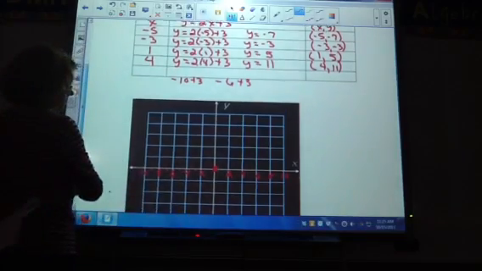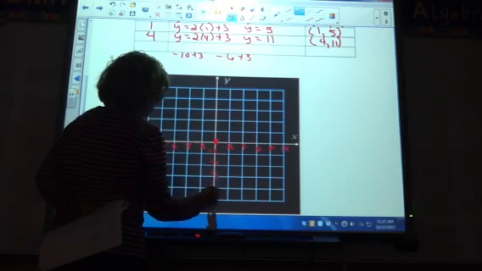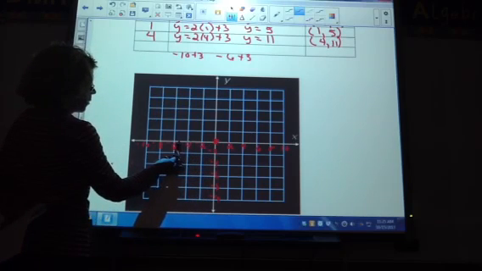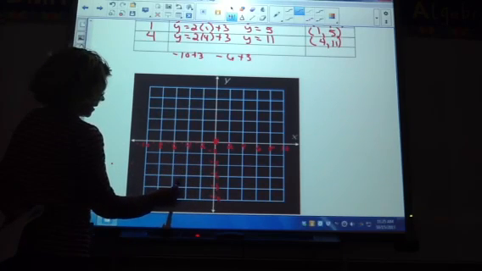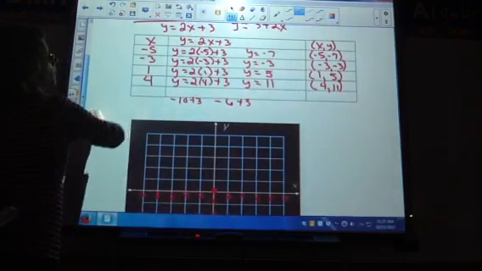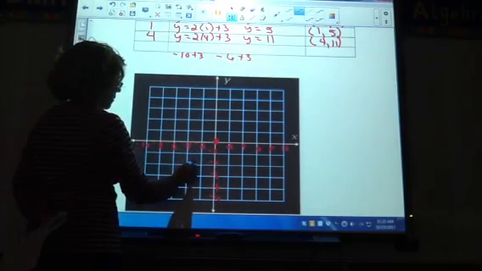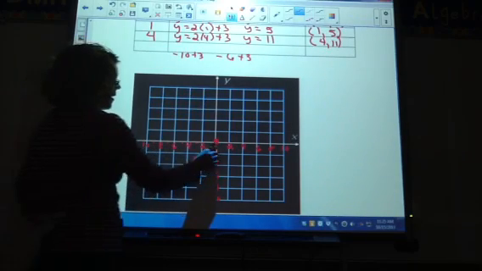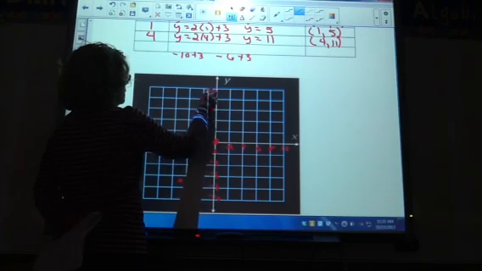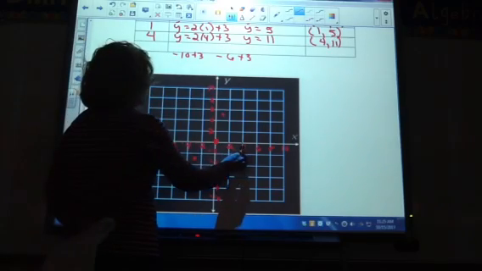Negative 5 is between the negative 4 and negative 6. Negative 7 is between the negative 6 and negative 8. And then we have negative 3, negative 3. And then we have positive 1, 5. And then we have positive 4, 11.